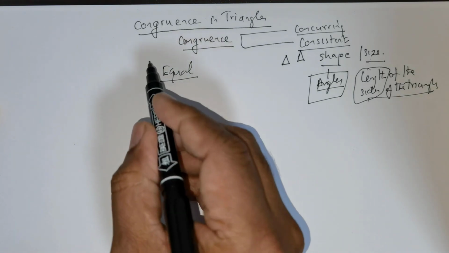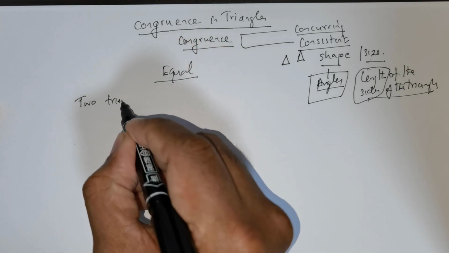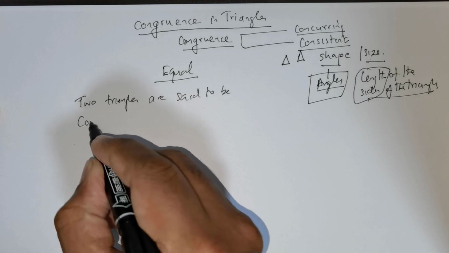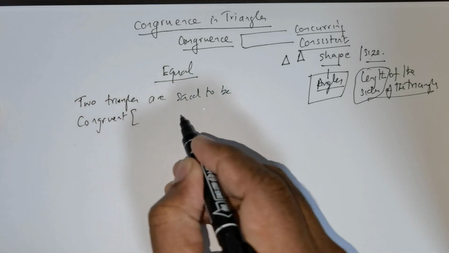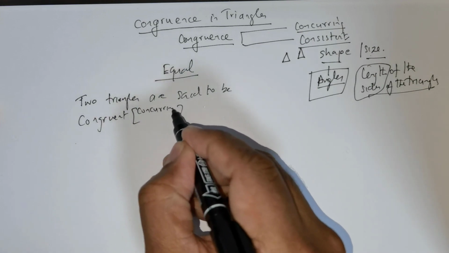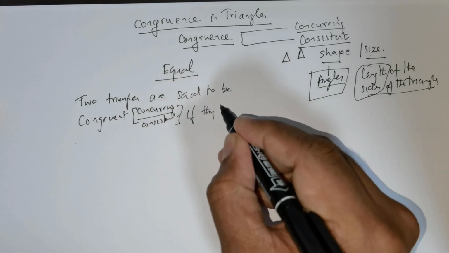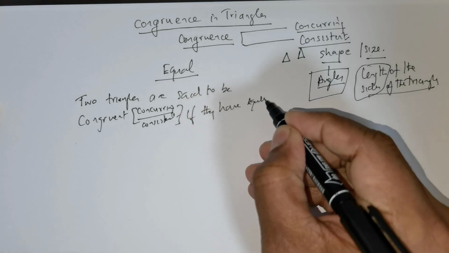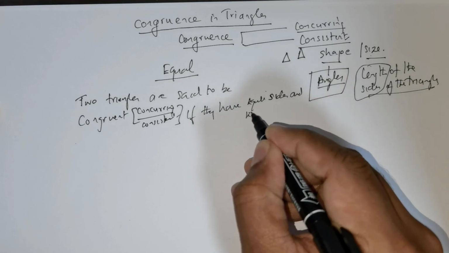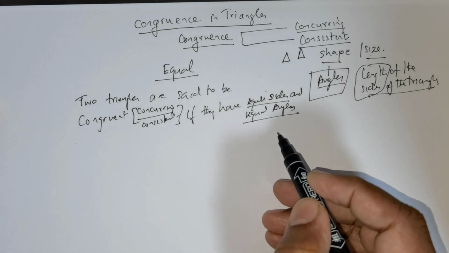In other words, if I were to state the definition of congruence in triangles, I can state it like this: two triangles are said to be congruent, or concurring, or consistent, if they have equal sides and equal angles.